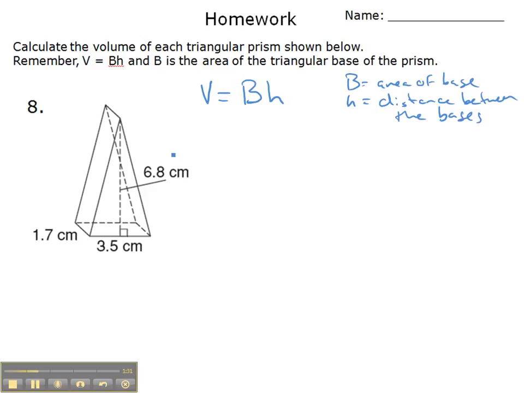And so in order to find big B, the area of the base, we need to find the area of one of these triangles. So when we're writing our formula for big B, we're writing the formula for area of a triangle, which is 1/2 base times height. Now we're using little b and little h. We're referring to the base of this triangle.